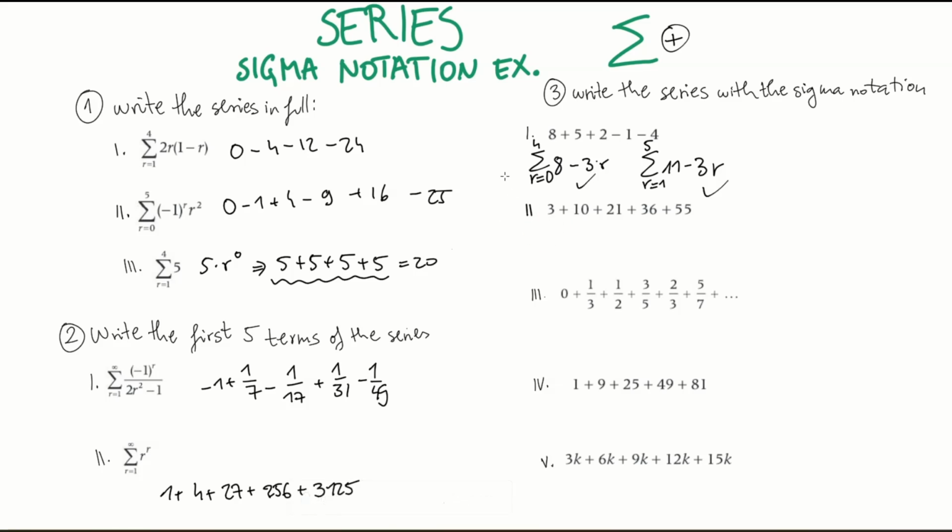So I can write 3 simply as 1 times 3, then 10 as 2 times 5, 21 as 3 times 7, 36 as 4 times 9, and 55 as 5 times 11. So I can see that the first number in this multiplication increases by 1, and that's something I wanted, r changing by 1.